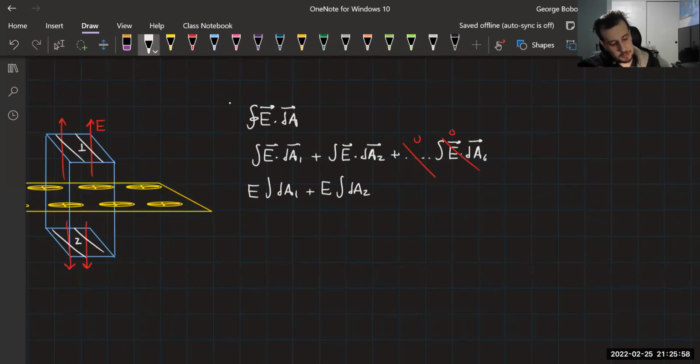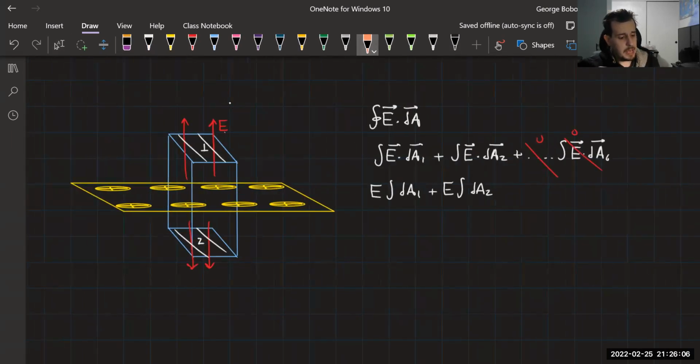Then I notice what's happening here. These are the areas of these planes, and I can give my Gaussian pillbox whatever dimension I want. I can call this X, this one Z, and Y over here.